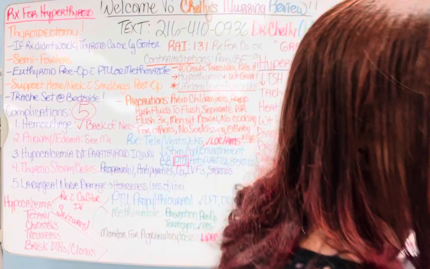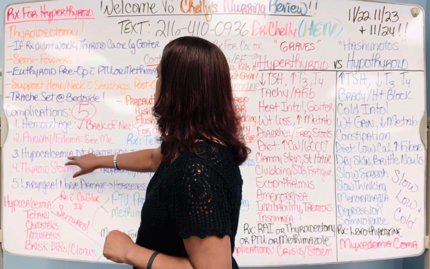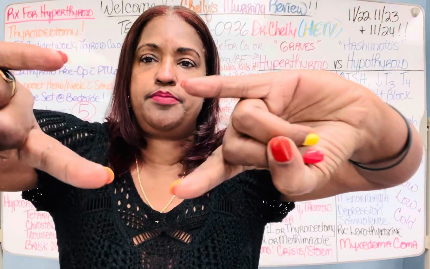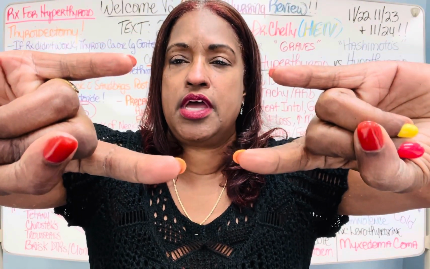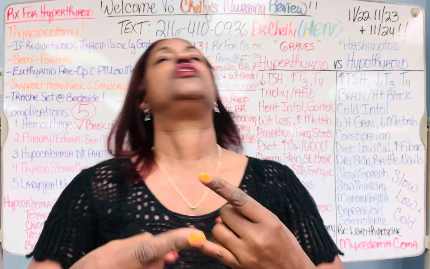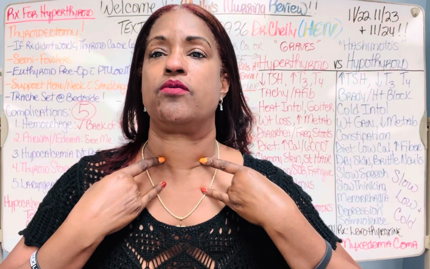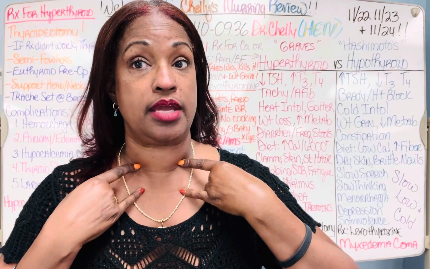Here's the deal. When the surgeon went in to take the thyroid out, look at the tips of my fingers. On the tips of my fingers is about the size of what we call parathyroid. Now, you know that the thyroid is butterfly shaped.